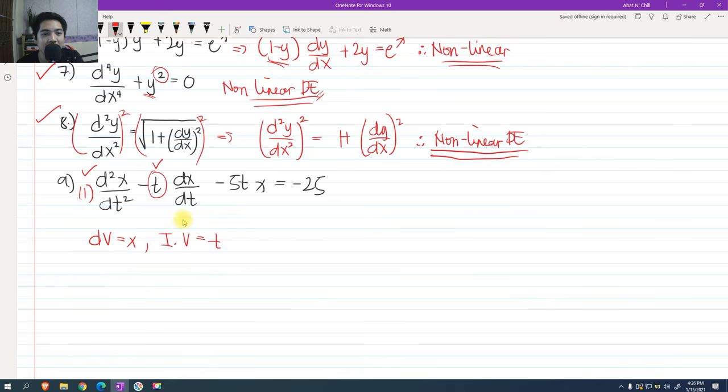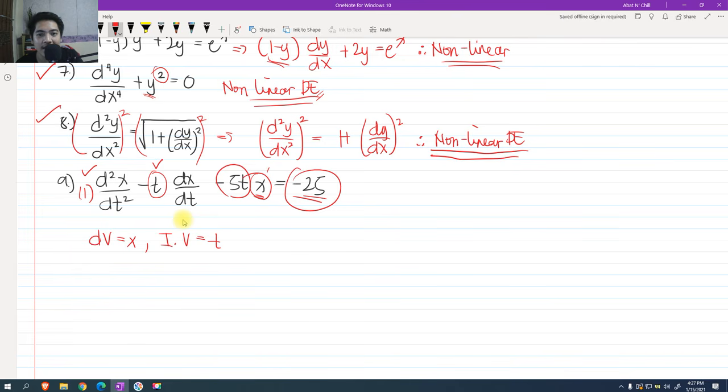And then minus 5tx. Here is our dependent variable x. A while ago we had y, of course. It is present and its degree is 1, and we have a coefficient in terms of t, 5t. Then on the right side of the equation we have purely a term in terms of t or a constant, and it's not equal to 0.